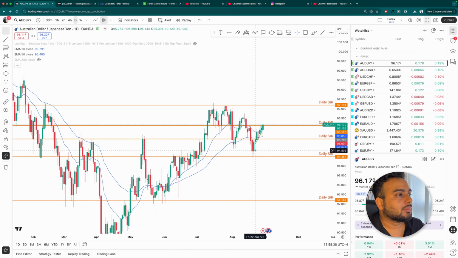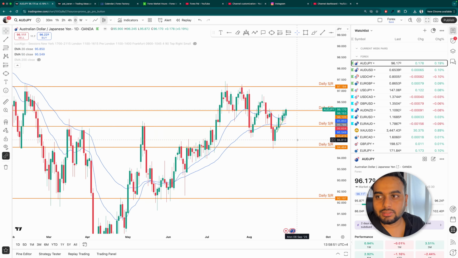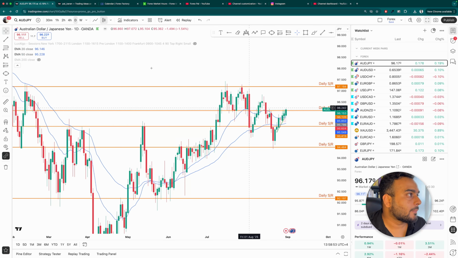So I think the bearish momentum is very strong compared to the bullish momentum. So looking for a short trade might be a good thing to do right now.